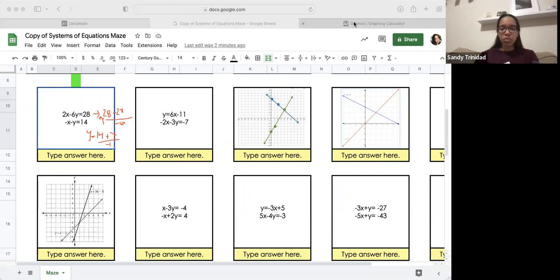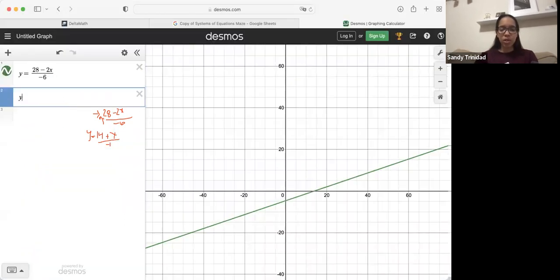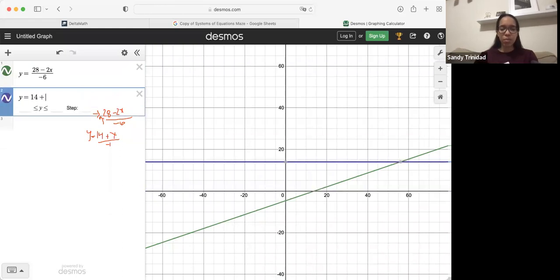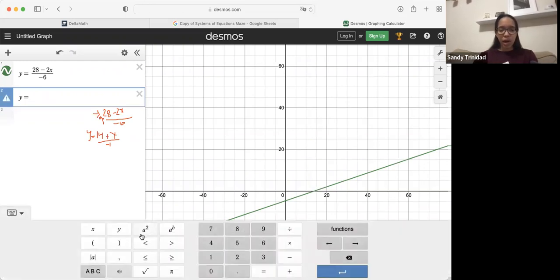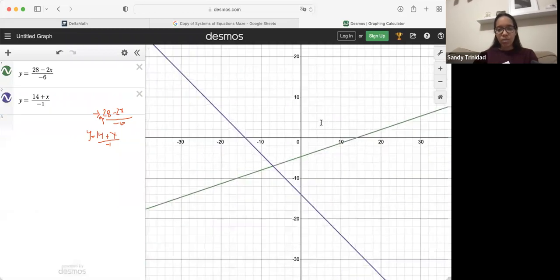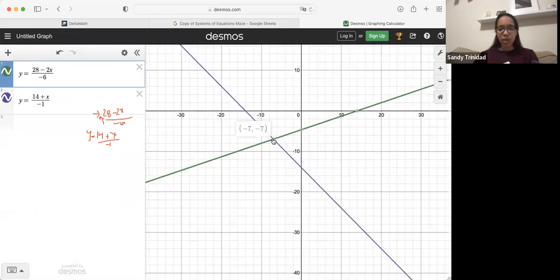So again, I'm going to go to Desmos and I'm going to put in my second equation, y equals, I should put in my fraction bar first. So I have fraction bar 14 plus x over negative 1. And now I can see where these two lines intersect with each other, which is right here at this point. And it tells me it's the point negative 7, negative 7.